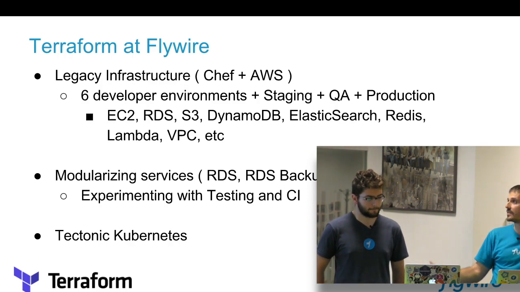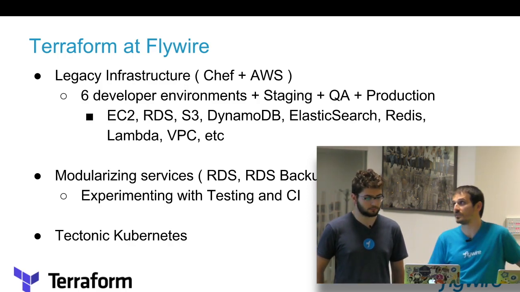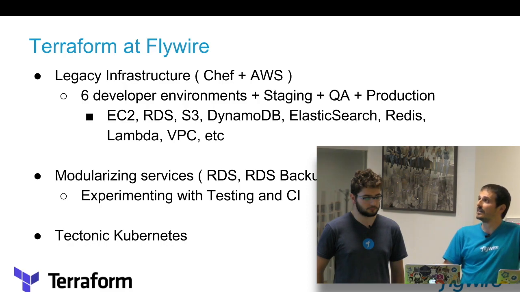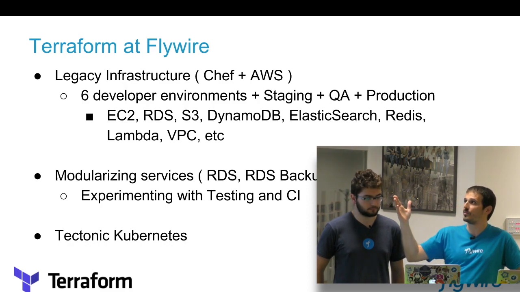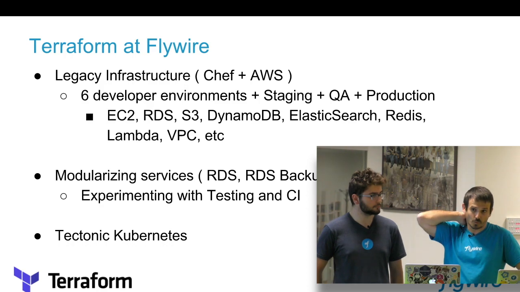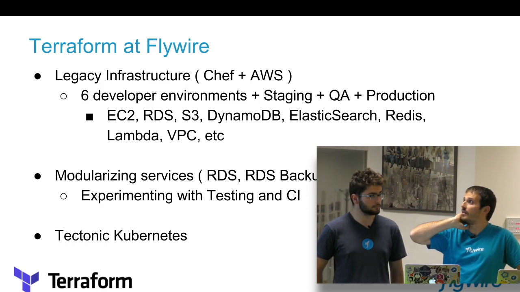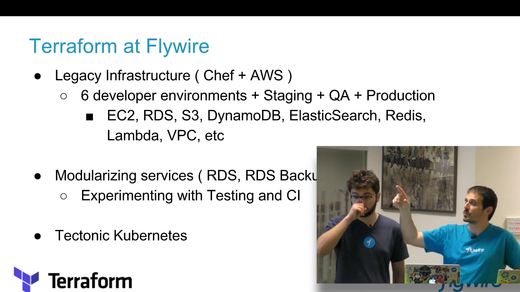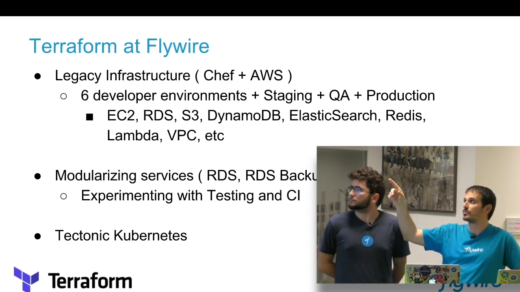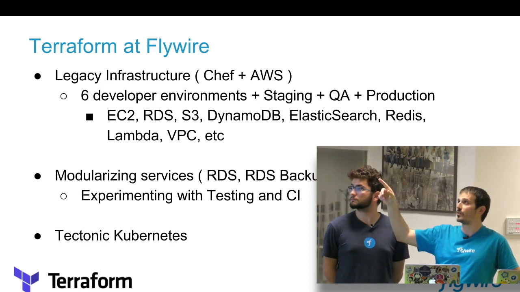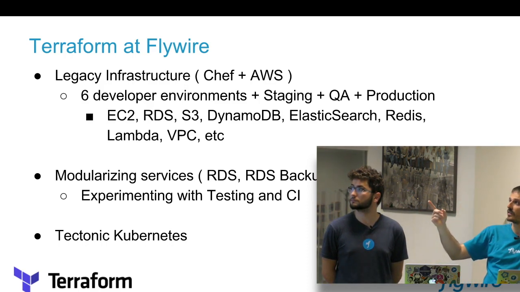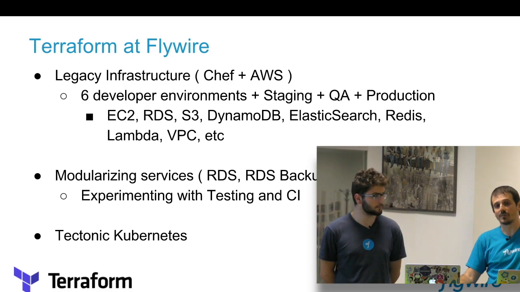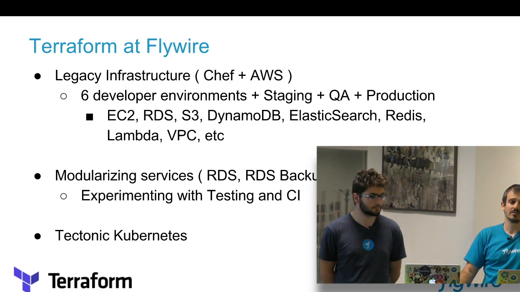We use Dynamo, Elastic, Redis, Lambda, VPC, etc. For example, the developer environments we can spin up on demand, and we have only worked to fully automate the QA environment. We can bootstrap a new QA environment in less than 30 minutes right now, all with Terraform.